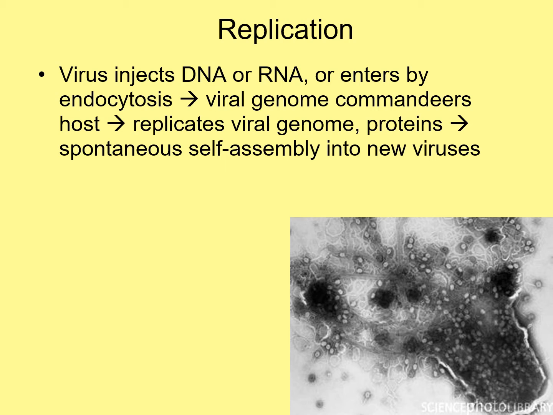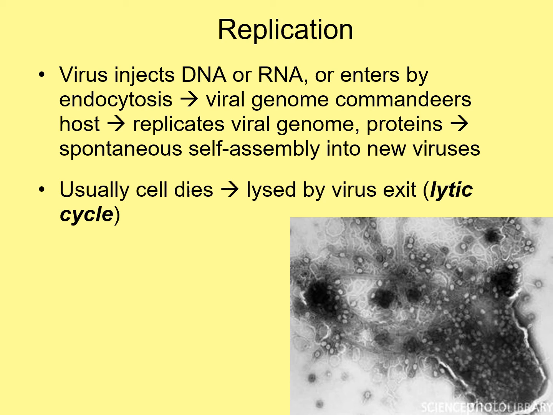Typically what happens in the case of viruses that inject their DNA or RNA into the host cell is that they replicate their genome a whole bunch of times, maybe thousands of times, and the genetic material and the protein capsid spontaneously self-assemble to form a new virus. That's a new infectious virus.